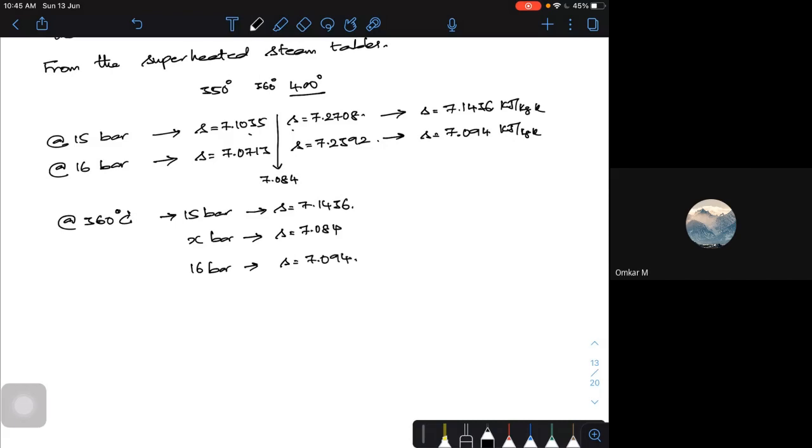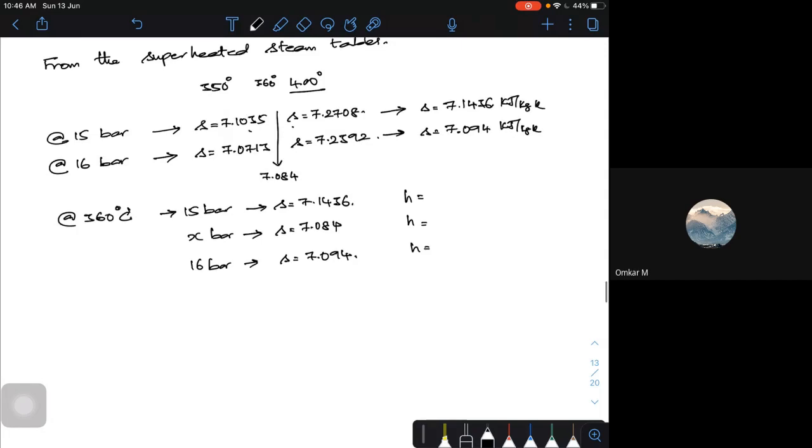Corresponding to that, you have to get your enthalpy here, here and here. You have to cross check. Are you getting it? It's tricky, that's why I asked you to cross check. So now the pressure is between 15 and 16. I have done the calculations, and I want you to do them too.